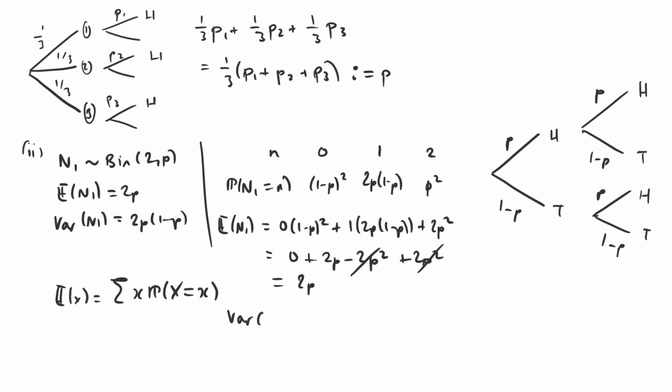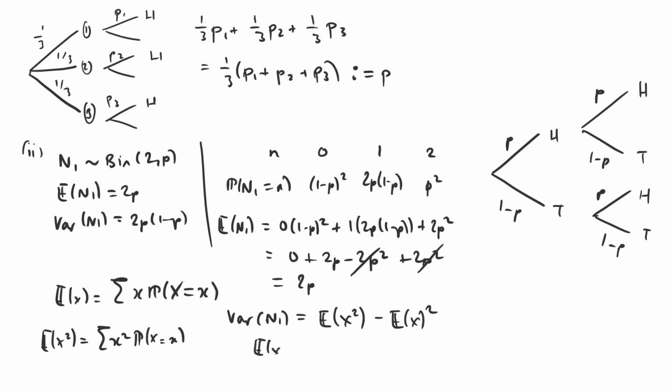Similarly for the variance of N1, we need the expectation of x squared minus the square of the expectation of x, and our formula for the expectation of x squared is just the sum of x squared times the probability that X equals x.